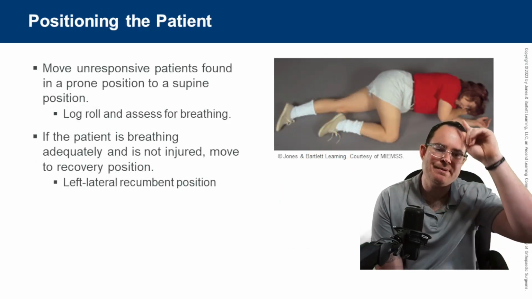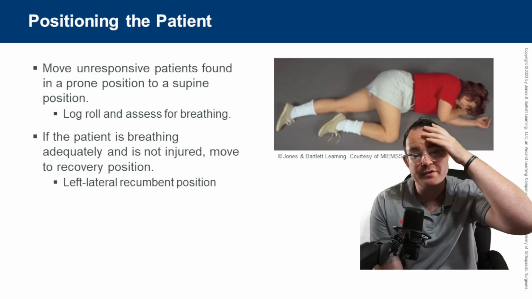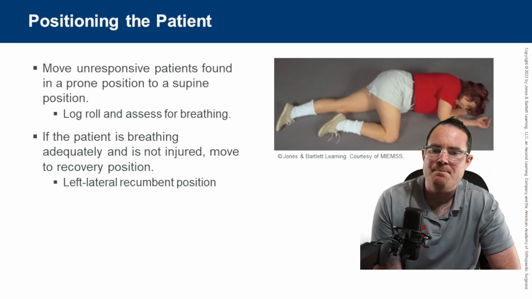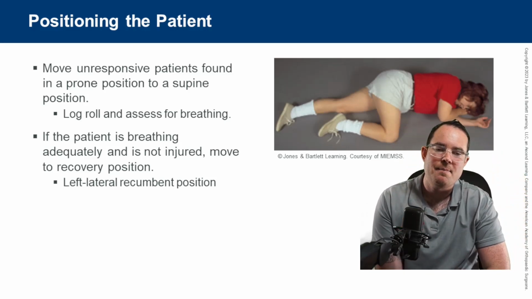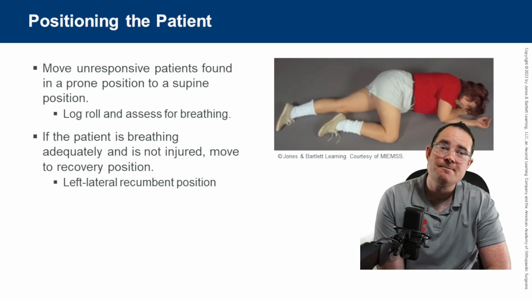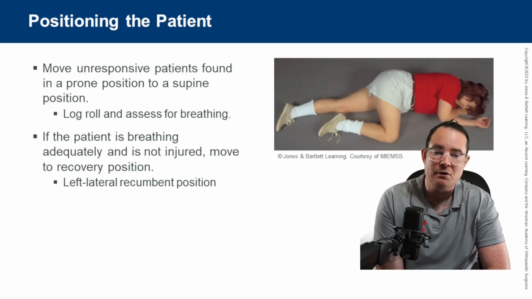Positioning of the patient. This position that you see right above me is called the recovery position. Typically, we put a patient in the recovery position when they are unresponsive and we are a little worried about their respiratory status. Meaning, if that patient vomits, is there a chance that they will drown if we lay them supine?